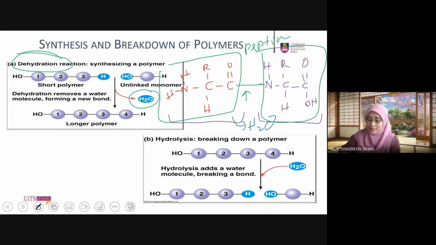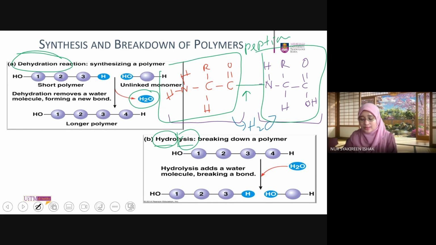The next one is when you have a polymer and you want to separate the monomers from the polymer. In order to do that, you need to break bonds, and the reaction requires a water molecule. That's why the next reaction is hydrolysis: the reaction involves a water molecule to break bonds.